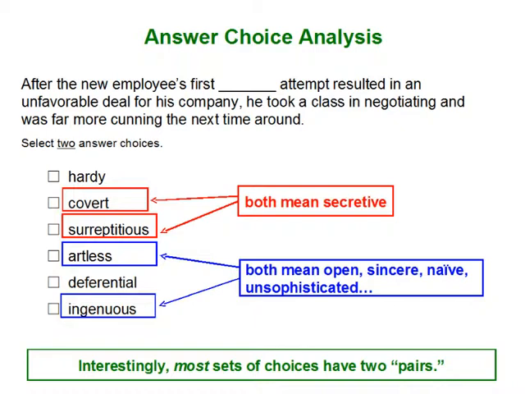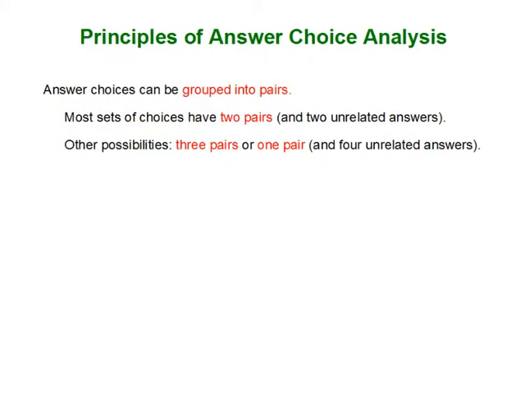So at least if you identify the two pairs, you have a 50-50 shot of guessing the right answer simply by pairing up the answer choices. Even without looking at this problem at all, you could narrow down the answers to either being covert and surreptitious or artless and ingenuous, if, of course, you know the meaning of those words.